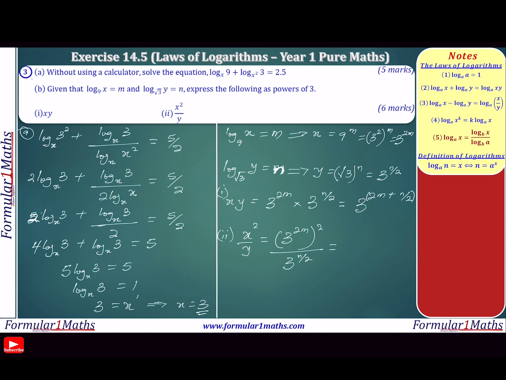This is equal to 3 raised to the power 4m divided by 3 raised to the power n divided by 2. According to the laws of indices, this will be the same as 3 raised to the power 4m minus n over 2. And so this is x squared over y written as a power of 3.